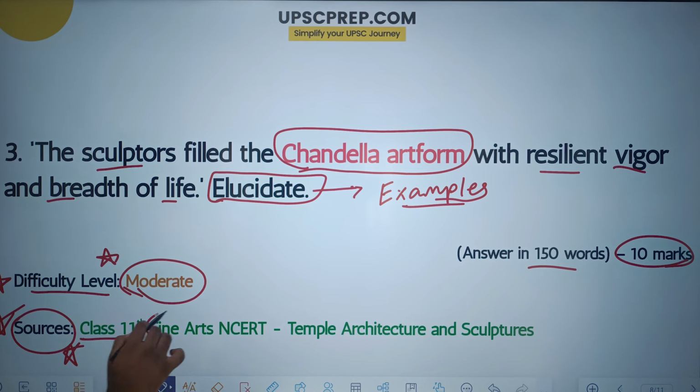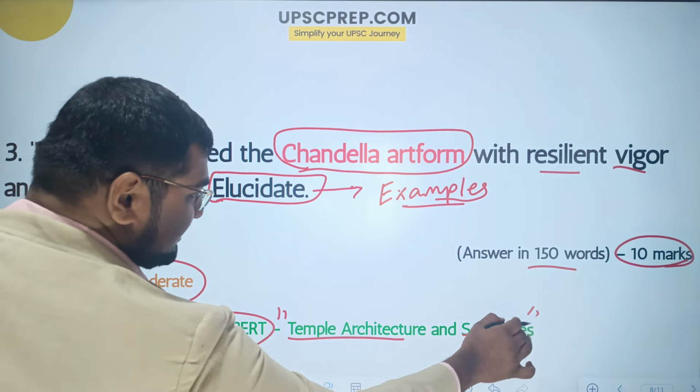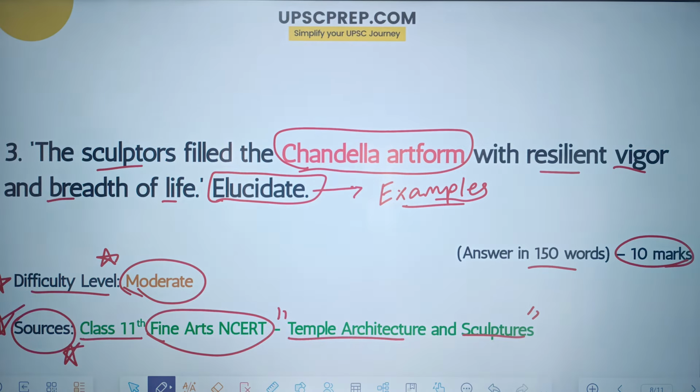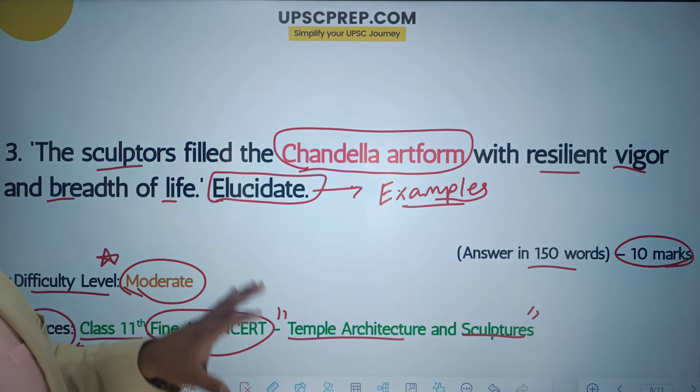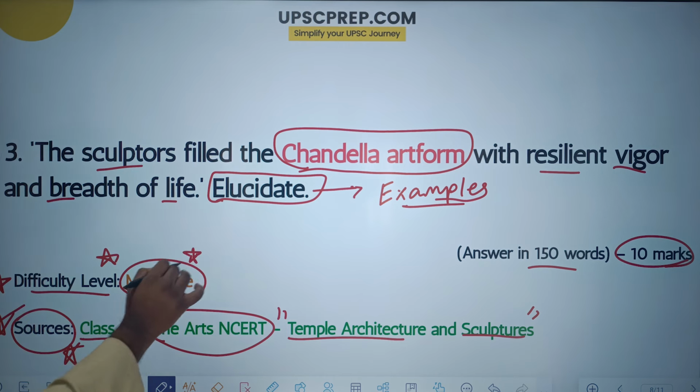Class 11th Fine Art NCERT, Temple Architecture and Sculptures chapter. If you refer to this, there are like 4 to 5 points written under Chandela temple architecture, right? And that is the reason I would categorize it as a moderate one.